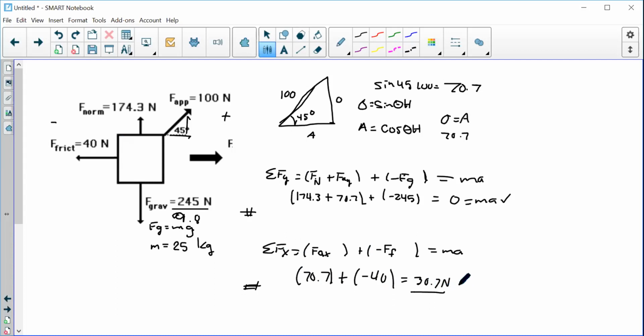So this is going to be our net force. This is what force is left over when you account for all of them, and that equals MA. In this case, we know that A is equal to F over M. Hopefully you got to this point, recognized that you needed to divide by mass, and you had 25 as your mass. So it's going to be 30.7 over 25.